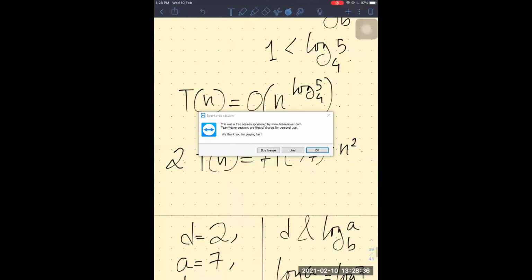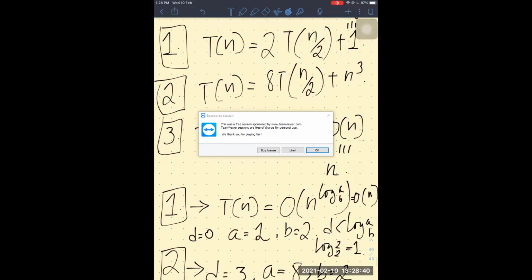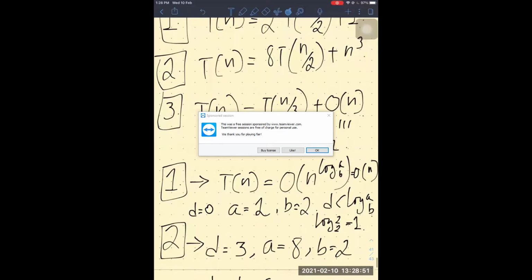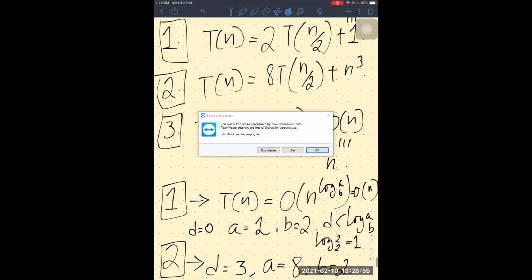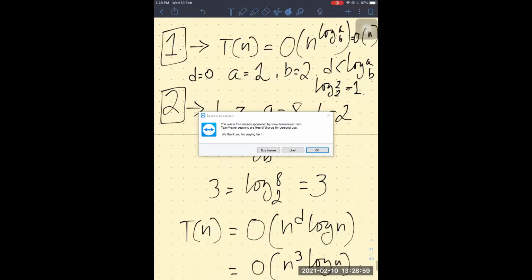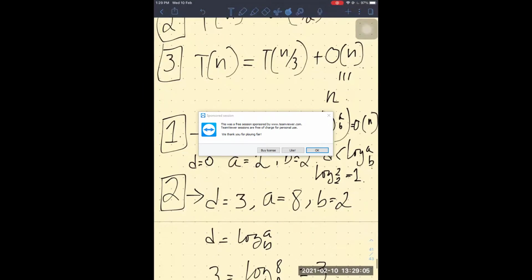So now for number 3. Anyone wants to give the answer for number 3? I got O of n. Yes, O of n, exactly.